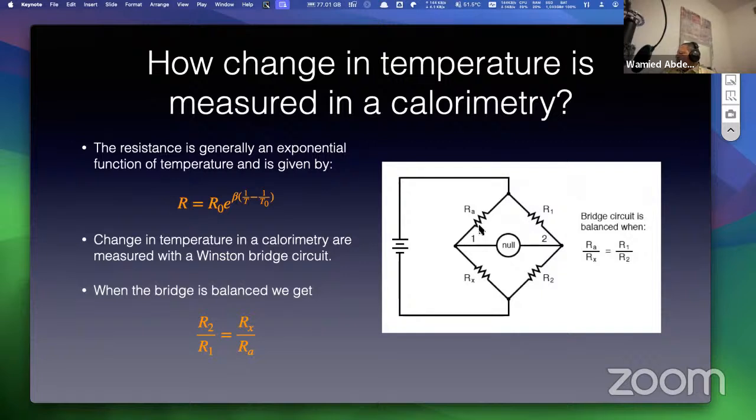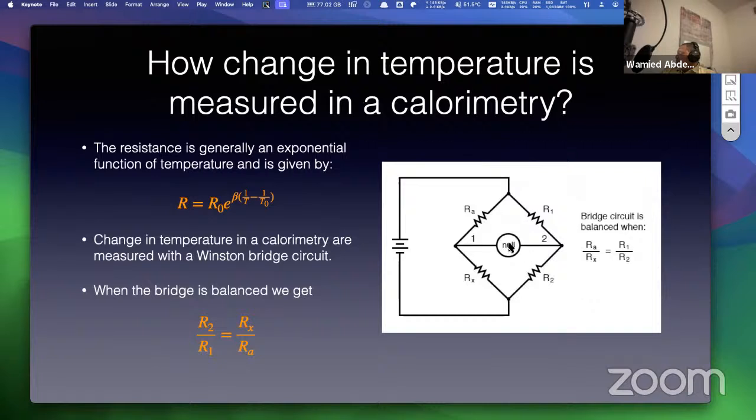So before irradiation, we have something here that reads the potential between these 2 points. With this variable resistance, we can change it until the voltage read by these 2 points is 0. There is no voltage, so no current goes through this line. Once this happens, we say that the bridge is balanced.